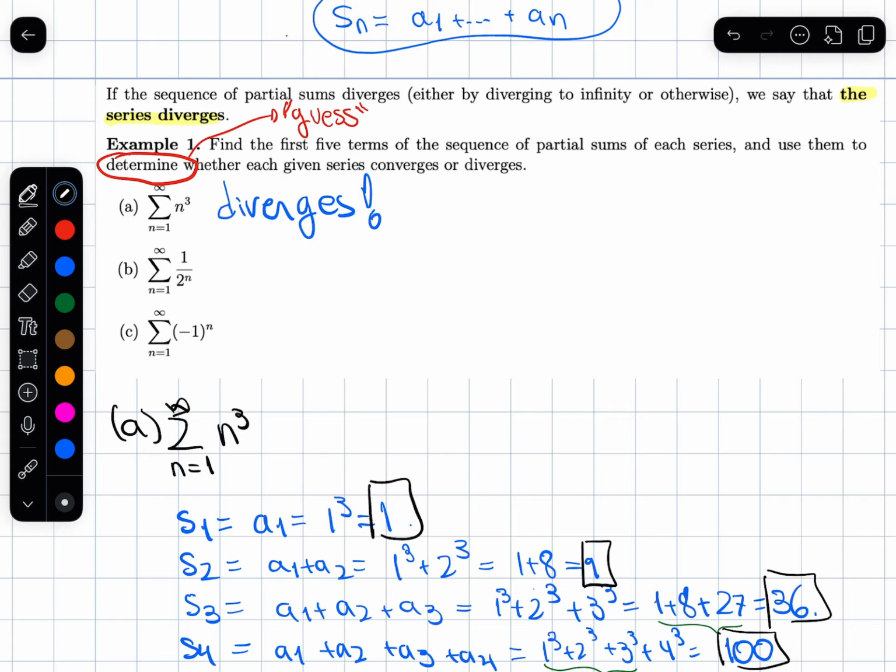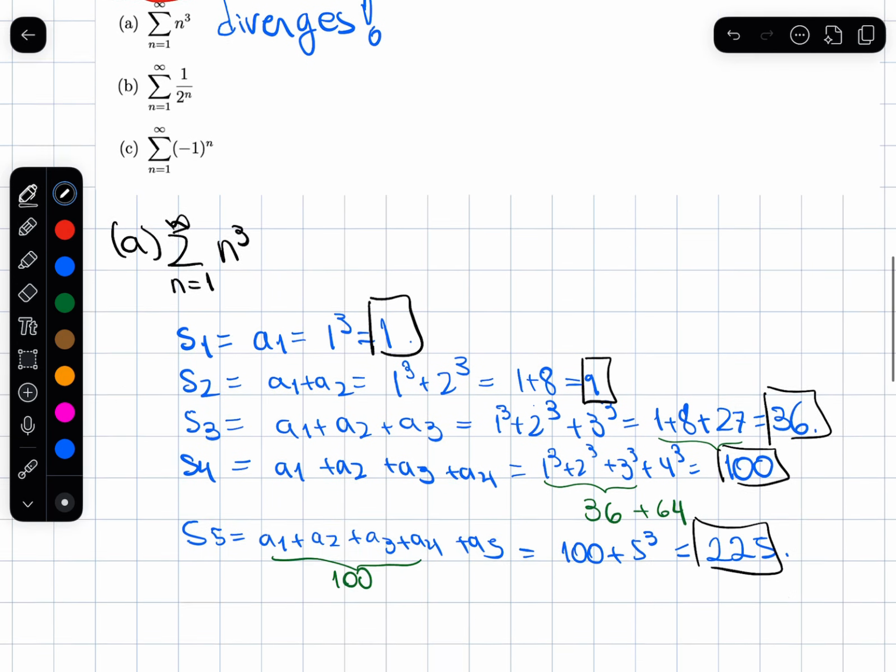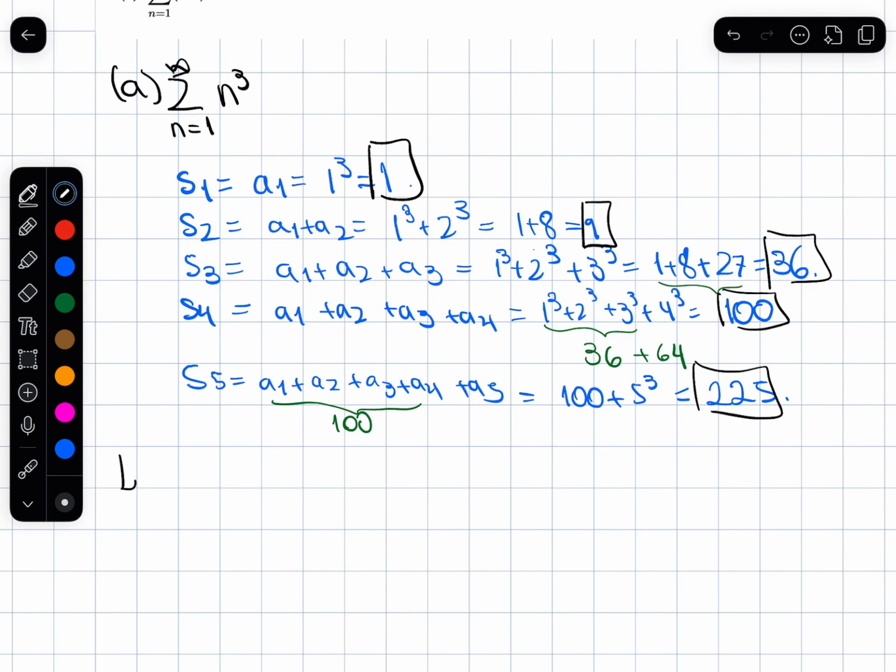Let's talk about B now. B is interesting. I'm not going to do all 5 of the terms on B. You can try and find them yourself if you want. So this is B, the sum of 1 over 2 to the power n from n equals 1 to infinity. So what is S1? That will be 1/2.